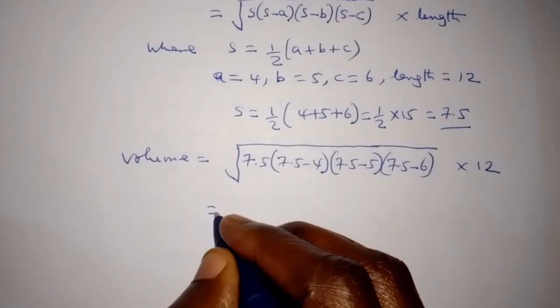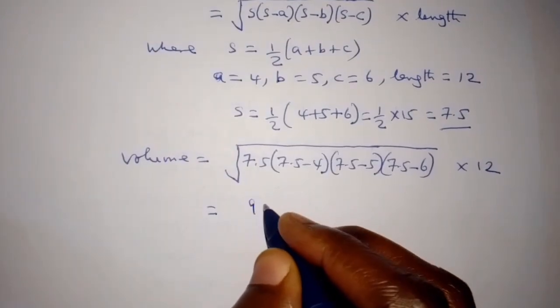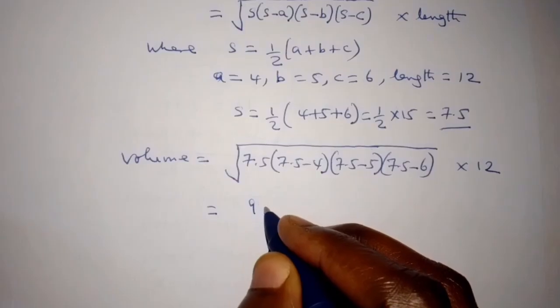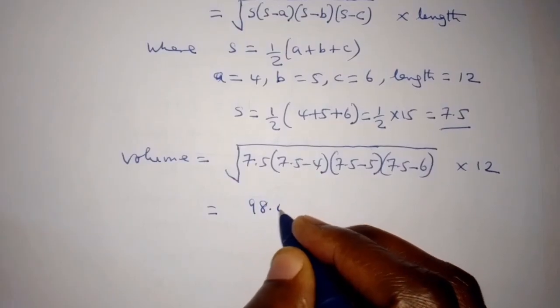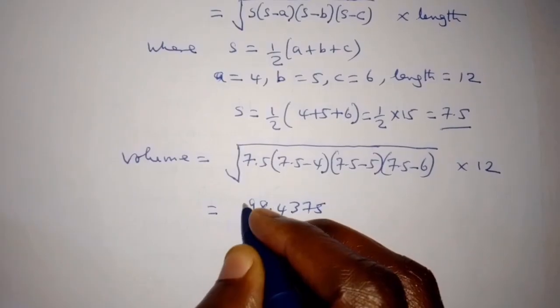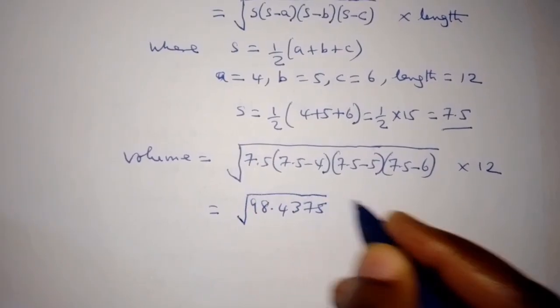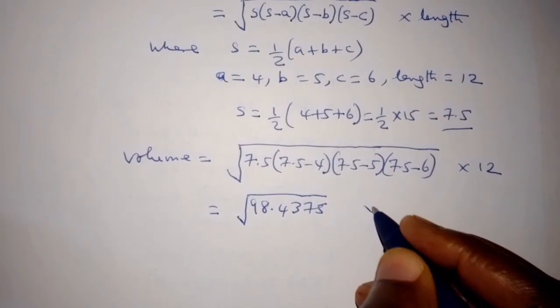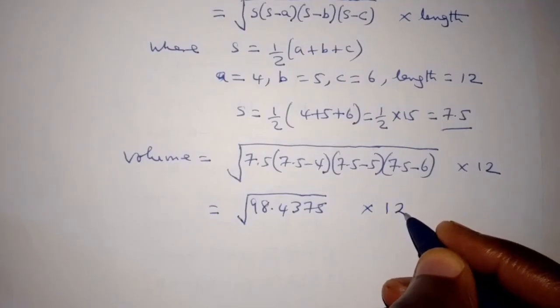This is equal to the square root of 8.4375 times 12.